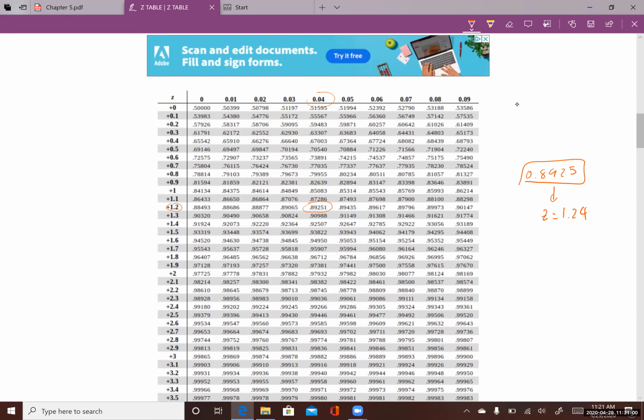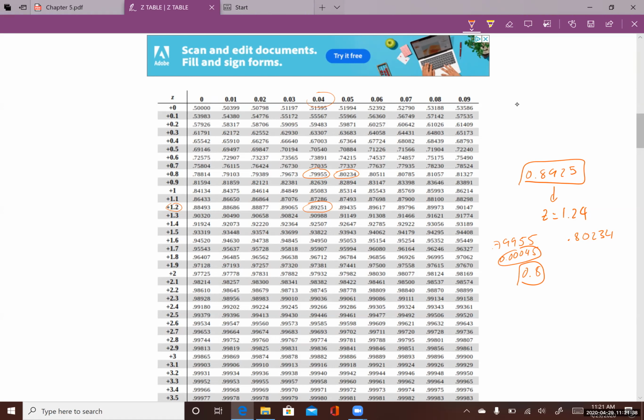0.8, I found this value, which is close, and I also found this value. Which one is closer? I found 0.79955 and this is 0.234.